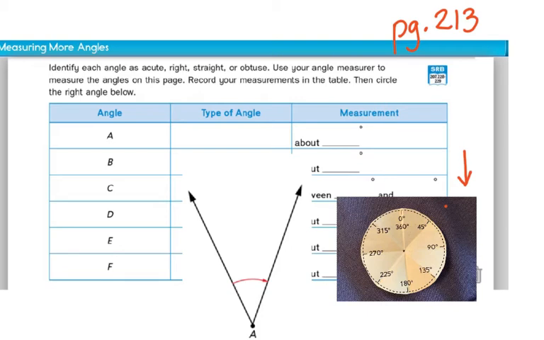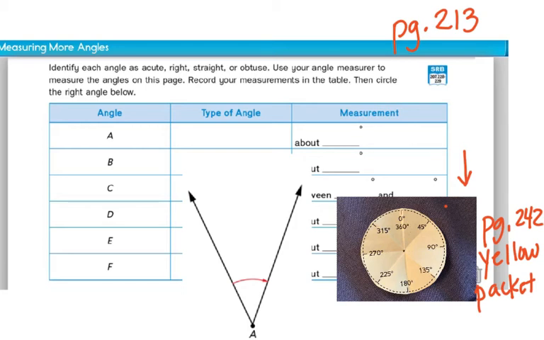So go ahead, make sure you stop the video, and cut out, on page 242 of your yellow packet, this angle measurer. Okay?